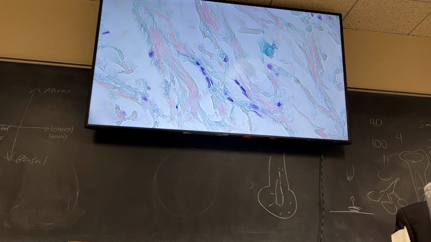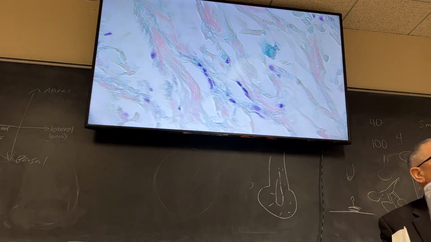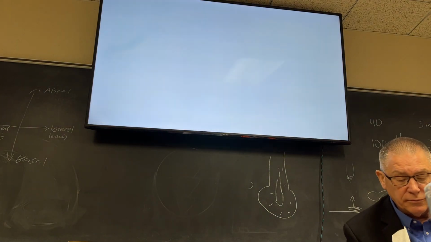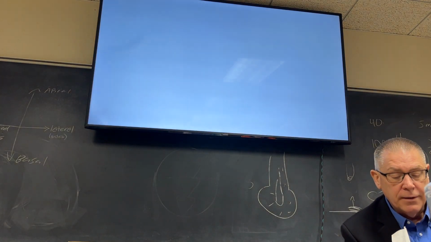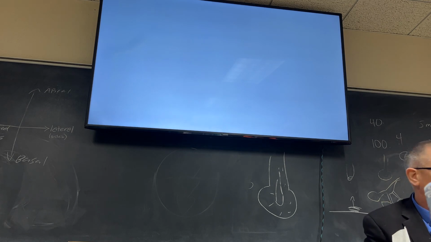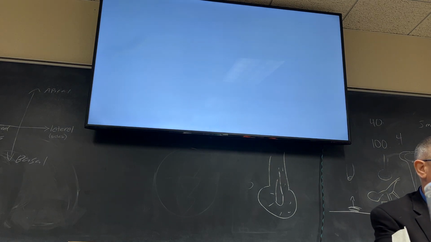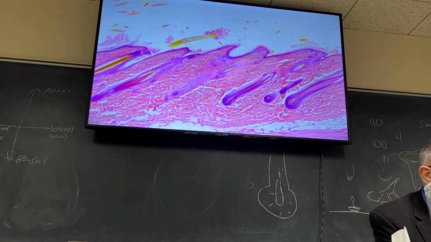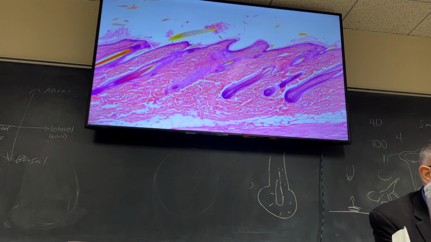All right, is that it for 3? Let's go to 4, right? Oh, we're gonna go to hairs, okay. Hair follicles. All right. Guess what the slide's called? Hair follicles. I know, it's shocking.